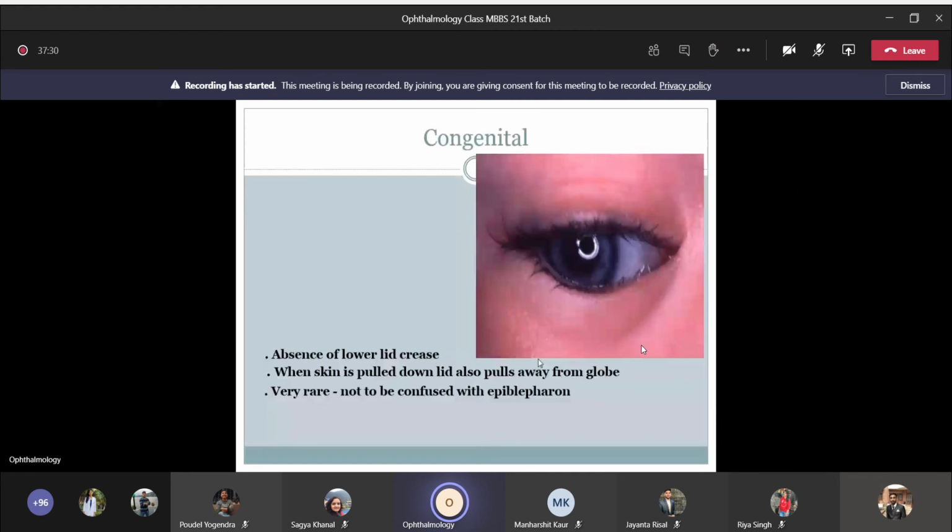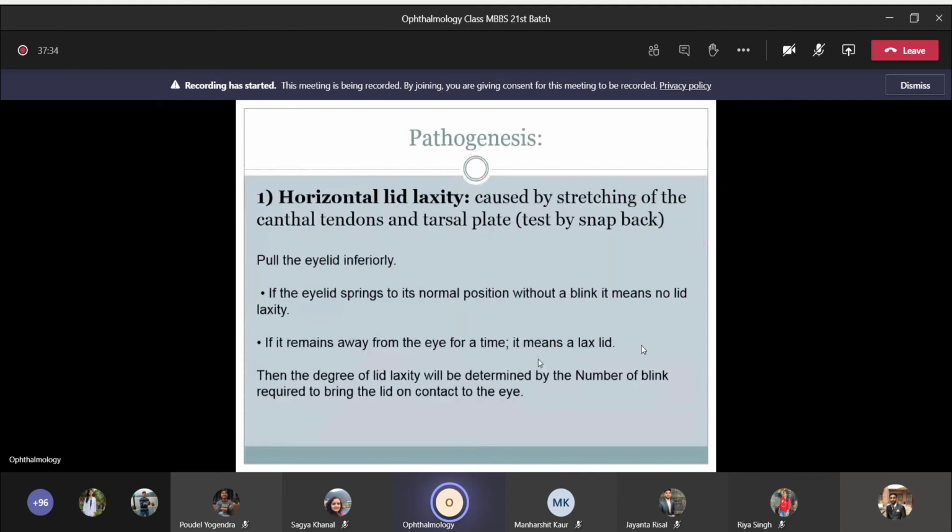Pathogenesis: horizontal lid laxity, which is caused by stretching of the canthal tendons and tarsal plate. It is tested by snapback test. Here, the eyelid is pulled inferiorly. If the eyelid springs to its normal position without a blink, it means no lid laxity. And if it remains away from the eye for some time, it means there is lid laxity.